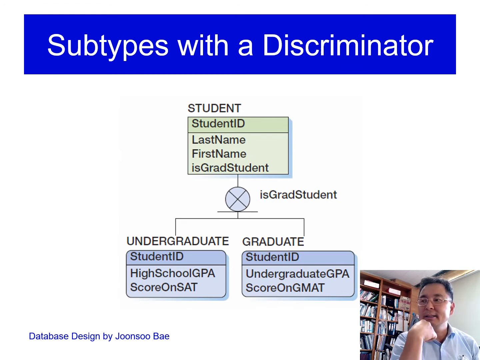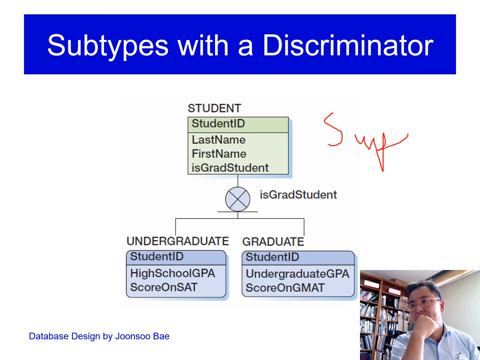Student entity is here. It's a supertype. And these are subtypes, undergraduate and graduate entities. So this undergraduate entity being a subtype means that it includes all of the supertype's attributes, like student ID, and last name and first name are also included in the subtype.